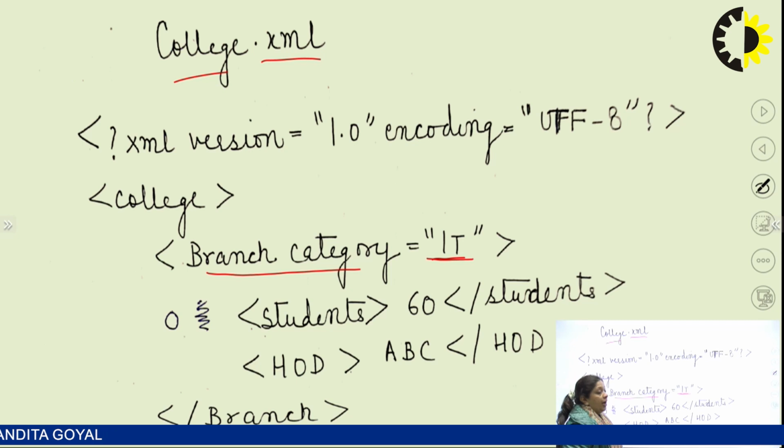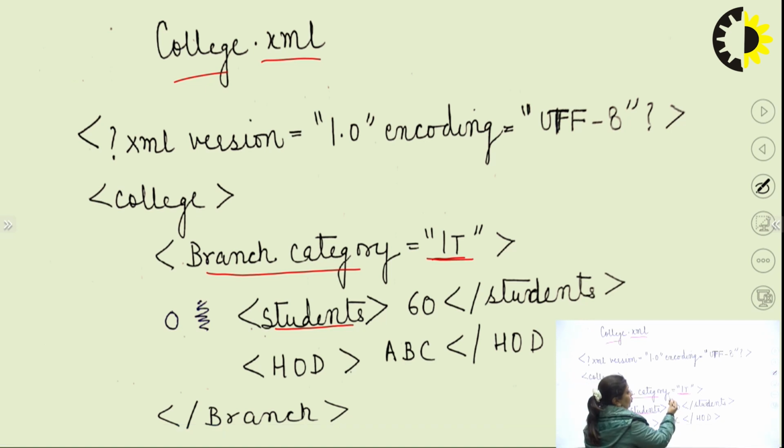Inside the branch category I have another tag, that is students, and the number of students which I am specifying for this particular branch category is 60, and then here I have closed my students tag. Inside the same branch category, one tag was the students tag, to which I have assigned the value 60, and another one is the HOD tag, to which I have assigned the value or name ABC, and then I have closed my HOD tag.